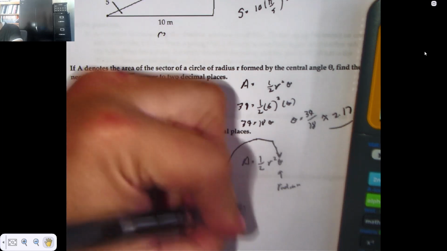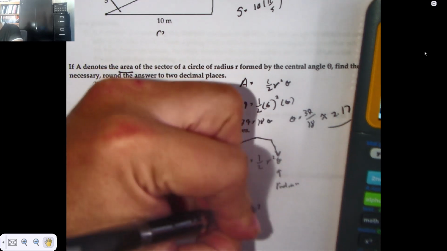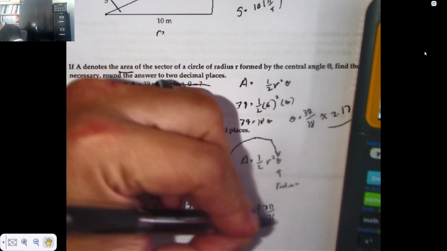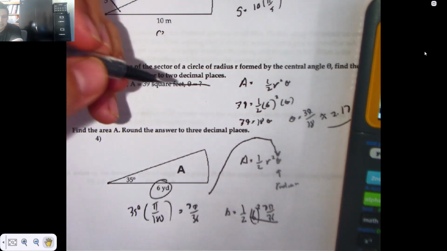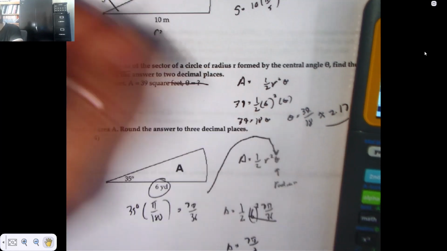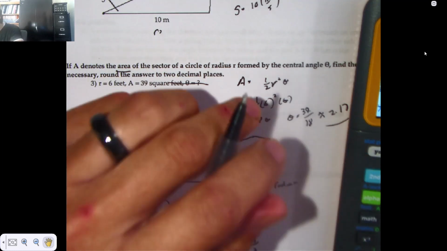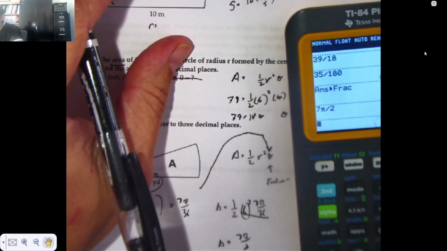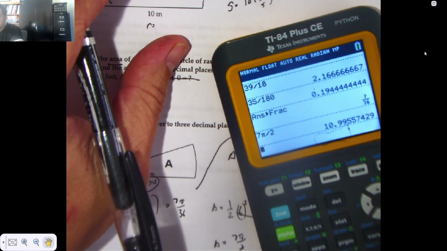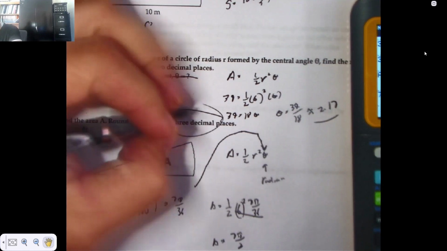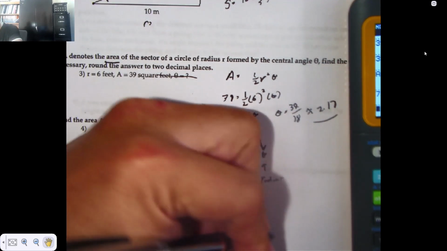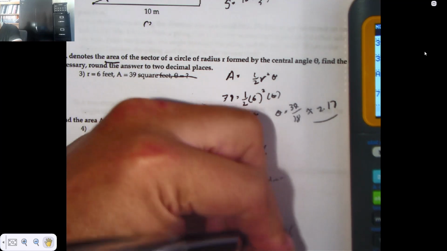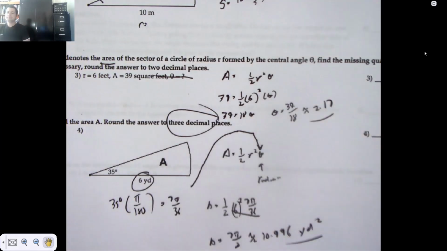So my area is 1/2 of 6 squared times 7 pi over 36. Interesting enough, those cancel because 6 squared is 36. And my area is 7 pi over 2. Which is almost 11 on the money. 10.99. They want that to 3 decimal places. So about 10.996. That was square yards, right? Square yards.